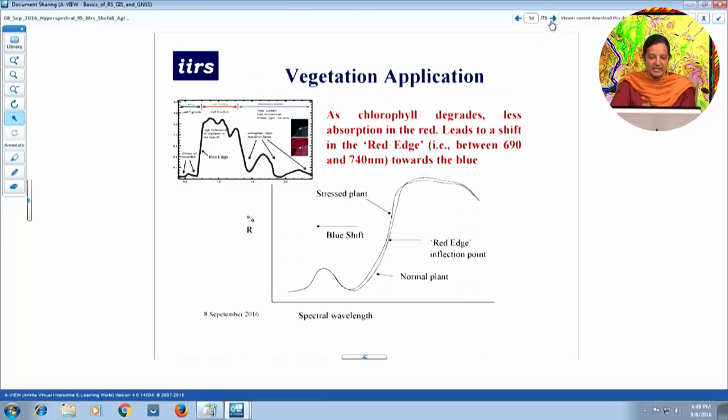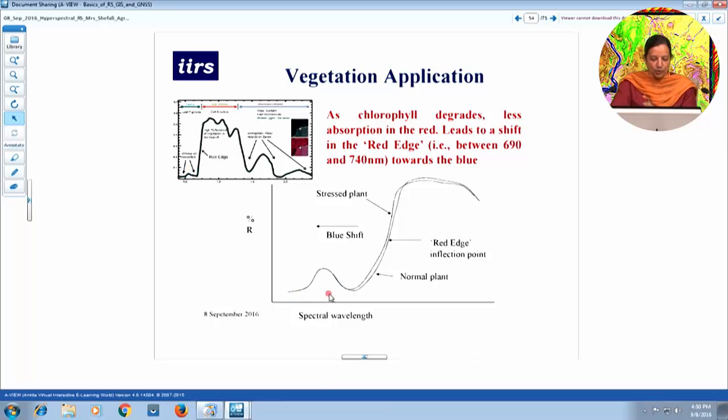You can see, for example, here, this is the spectral profile, or you can say a spectral signature, for general vegetation features, and these are water absorption regions. But if you look at the region where the vegetation is green in color, what will happen? It will absorb blue wavelength, red wavelength and reflect in green.